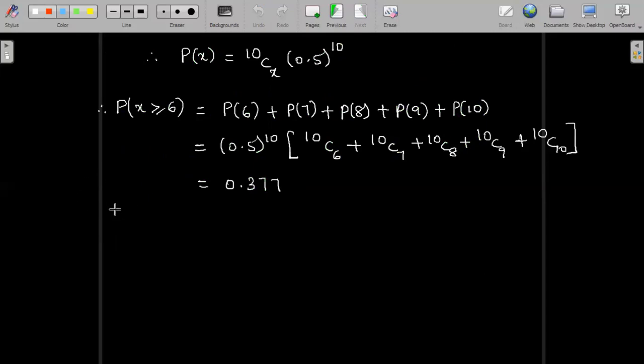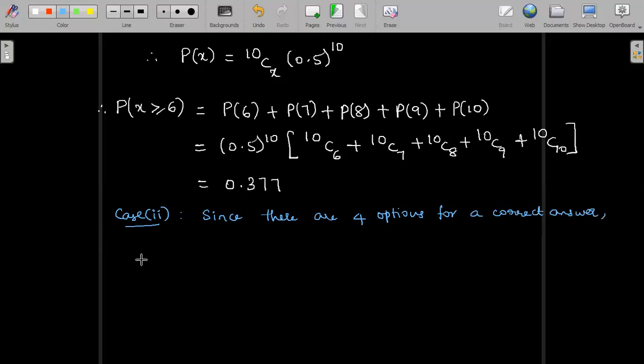So case 2, since there are 4 options for a correct answer, P, probability of success, will be 1 divided by 4.